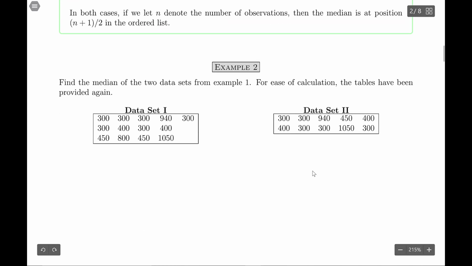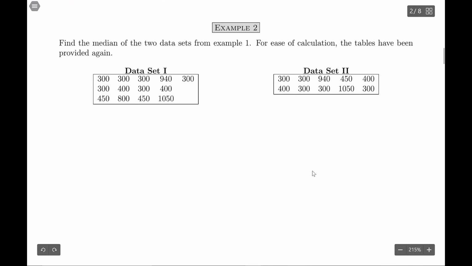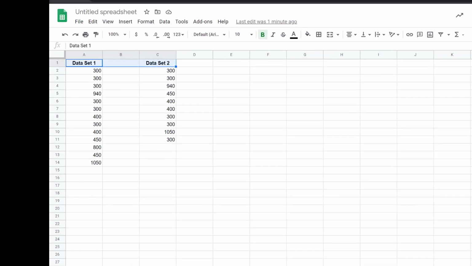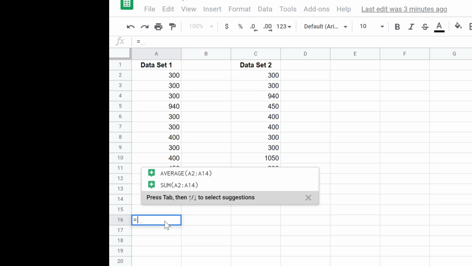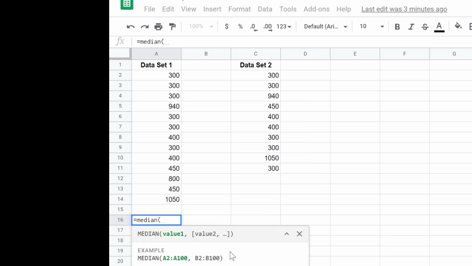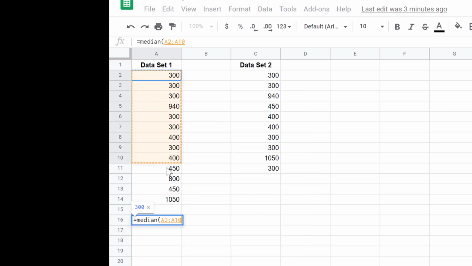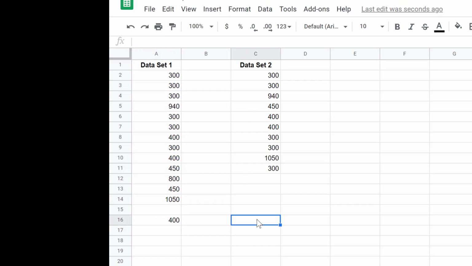We're going to use the same sets of data from example 1, and we're going to find the median for each one of these. So let's go back to our sheet, and we're going to look at example 2. So I have the values in here. All we have to do is type in equals median, parentheses, highlight the values that we're evaluating, and for the first set we get 400.